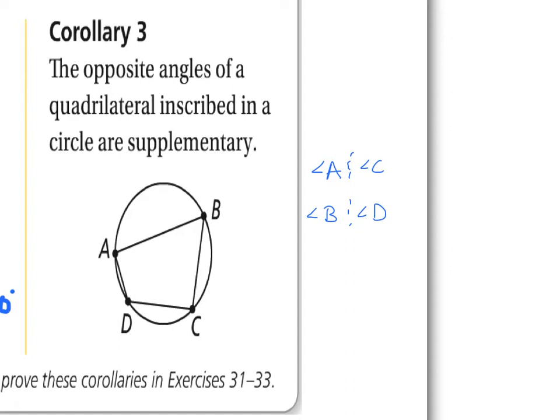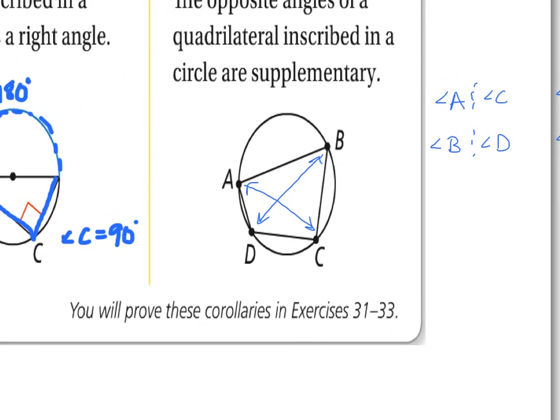So, in other words, angle B plus angle D equals 180, and angle A plus angle C equals 180. These are opposites, and these are opposites. They'll add up to be 180. They're supplementary if they're inscribed in a circle. Okay?